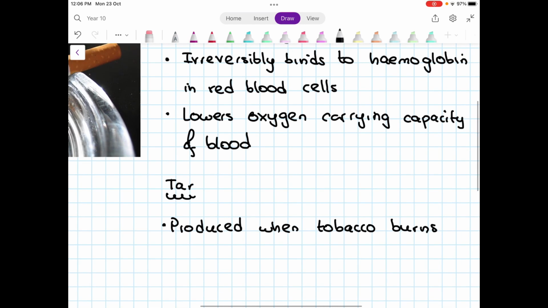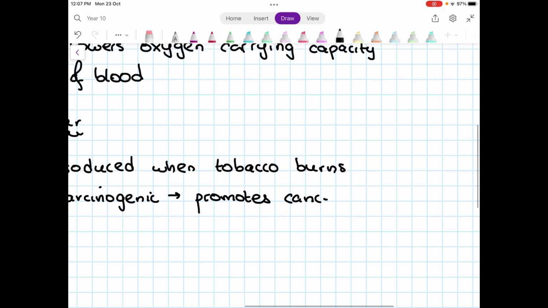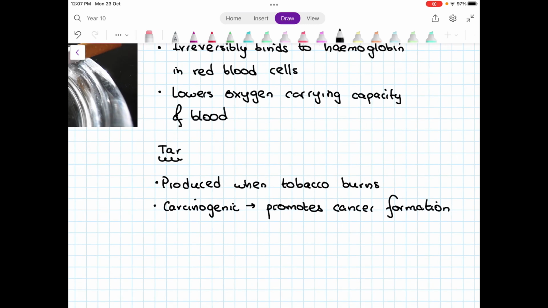Some of the chemicals inside of tar are carcinogenic, and this means that it increases the risk of cancer. In chemistry, you might remember that crude oil is also carcinogenic, so it promotes cancer formation or increases the risk of cancer.